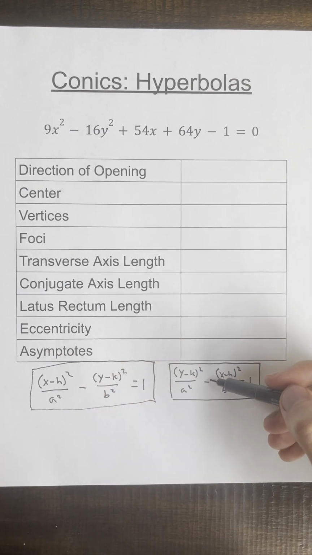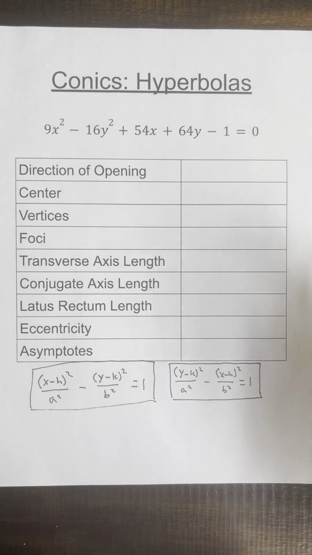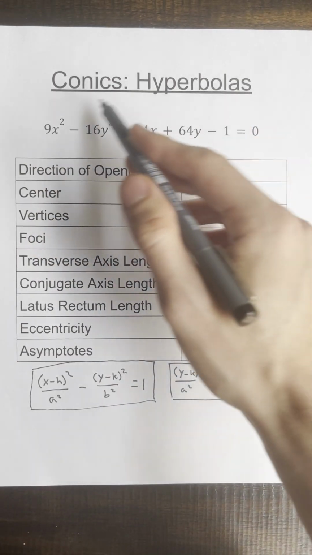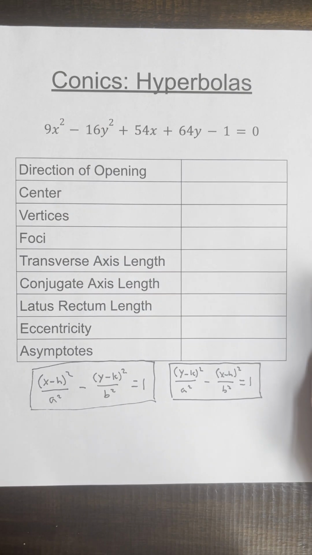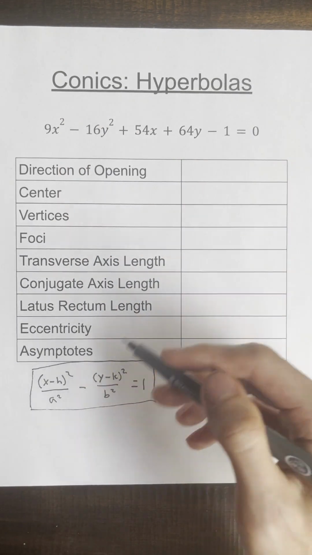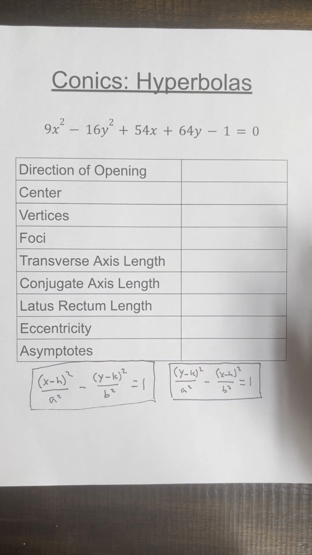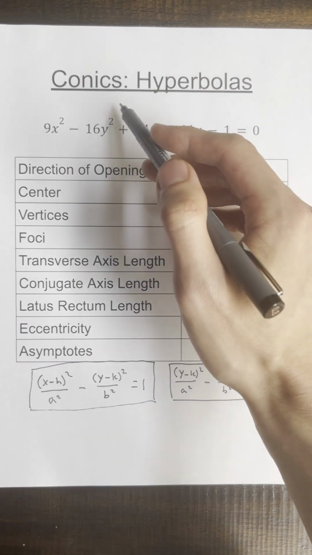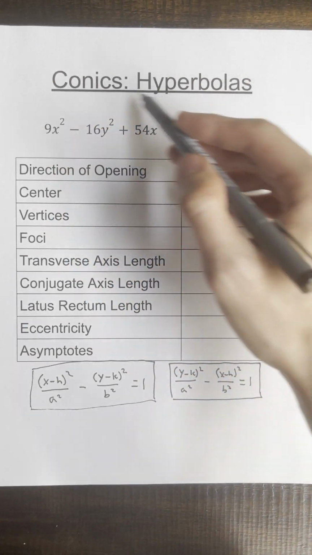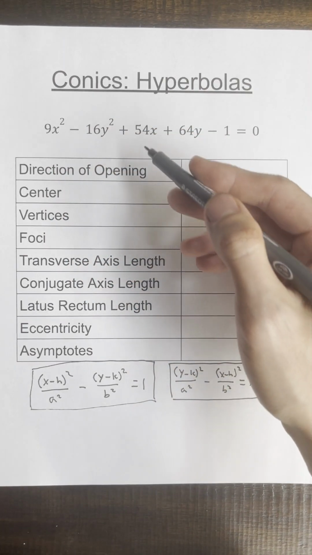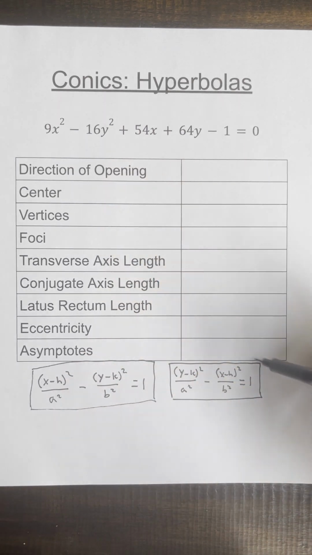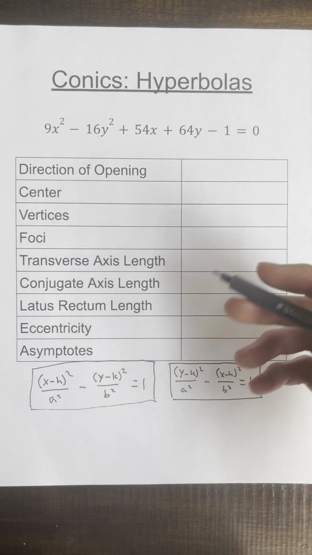So this is standard form. This is what we're used to seeing. But if they give you an equation that's not in standard form, then you have to convert it to standard form. In general, whenever dealing with something that looks unfamiliar, try to convert it to something that looks familiar, like in general with math.